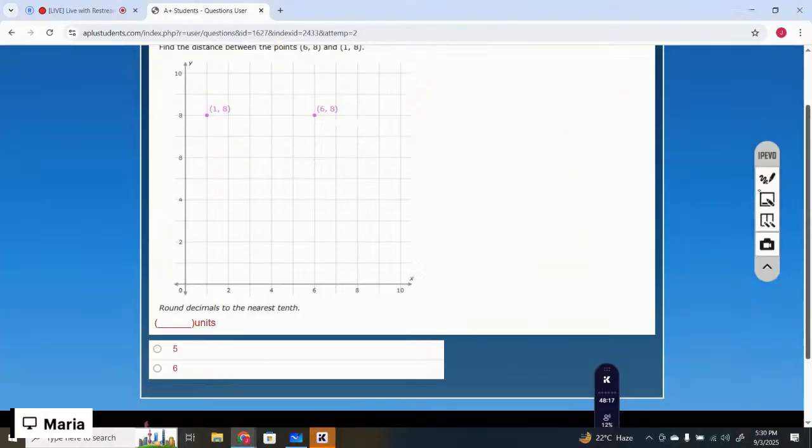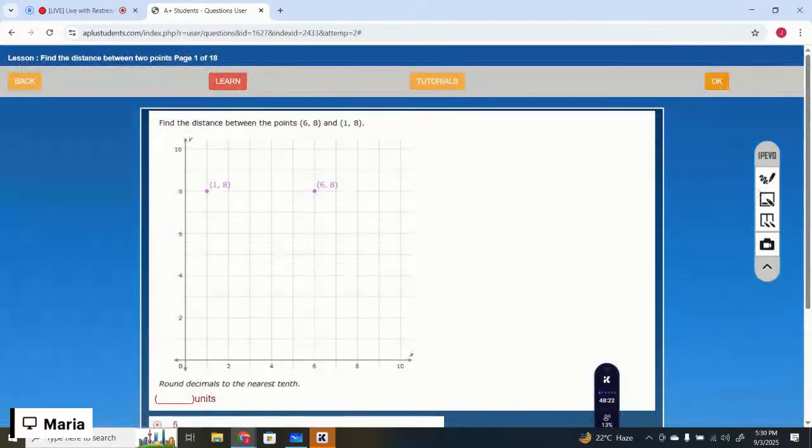The distance between the 2 points is 5 units. Option number 1 is the correct option.